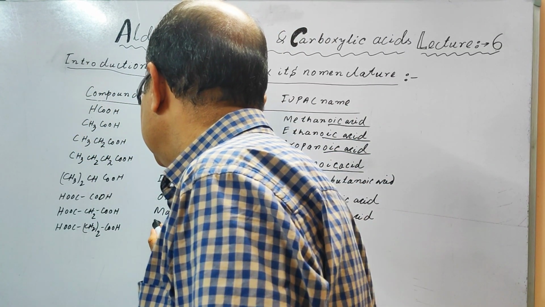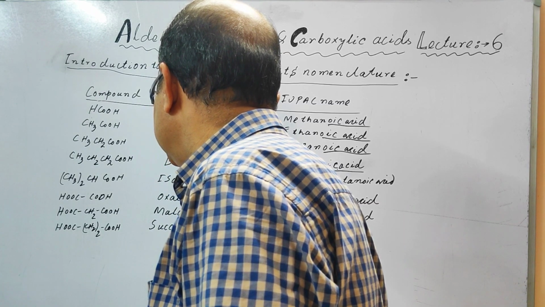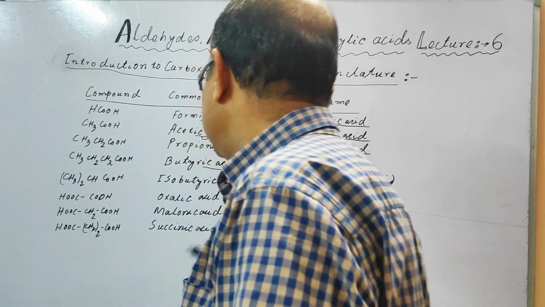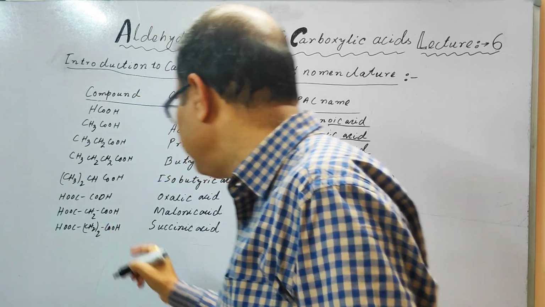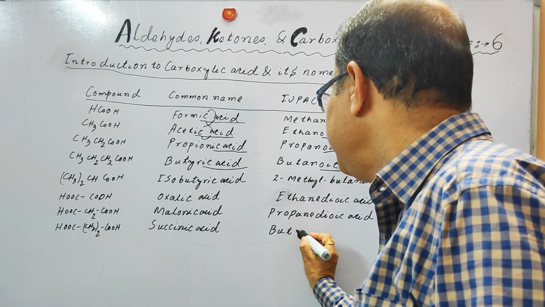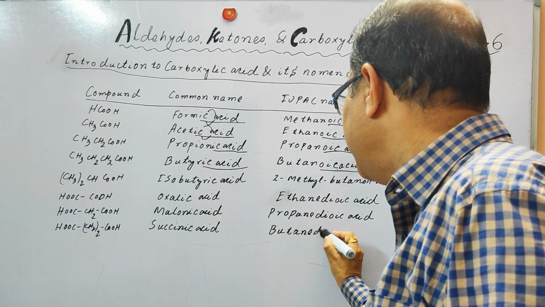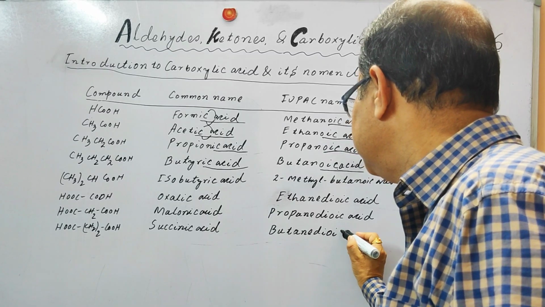The common name of this is succinic acid. Its IUPAC name, because there are 4 carbon atoms, will be butanedioic acid.